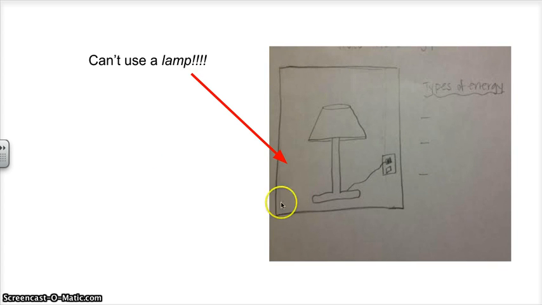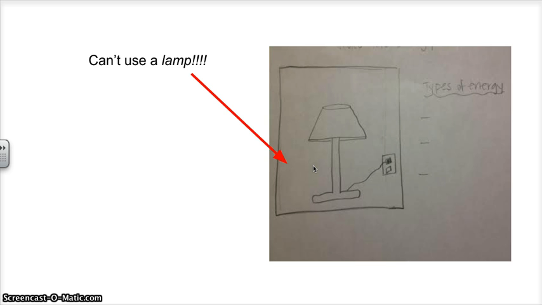Alright, so the first step is to think of a picture. And you need to think of an object that uses at least 3 types of energy. So you can use an object that uses more, it just has to have at least 3 types. So I'm going to use a lamp because that's an example from our notes.